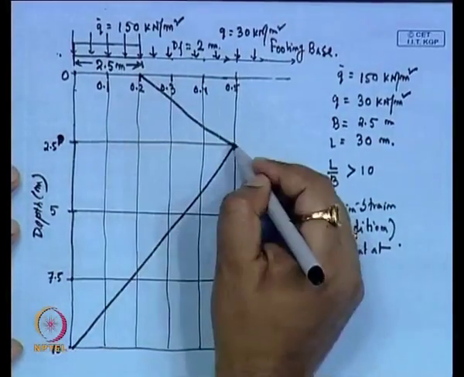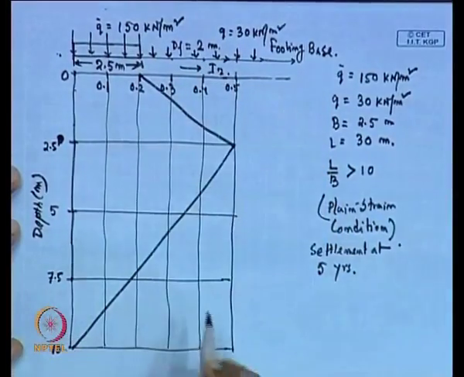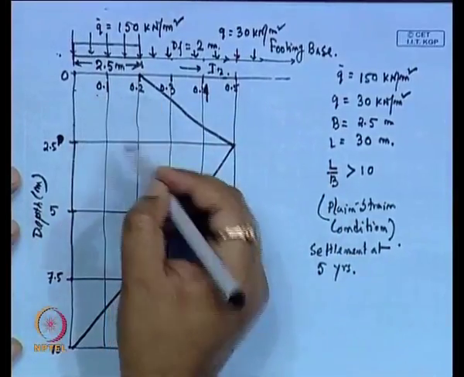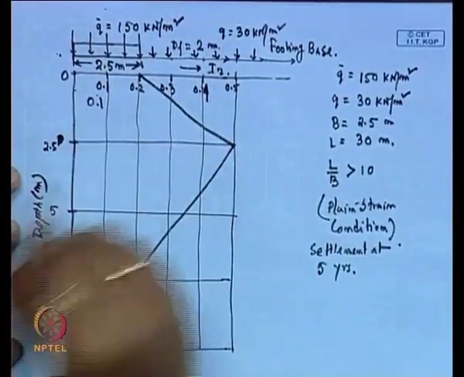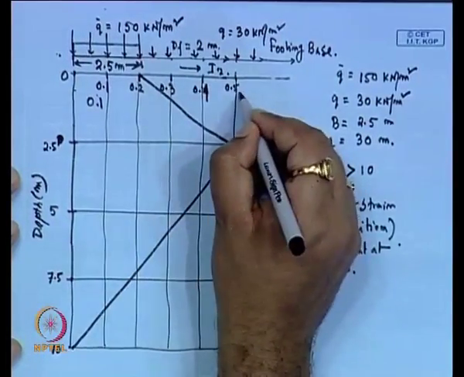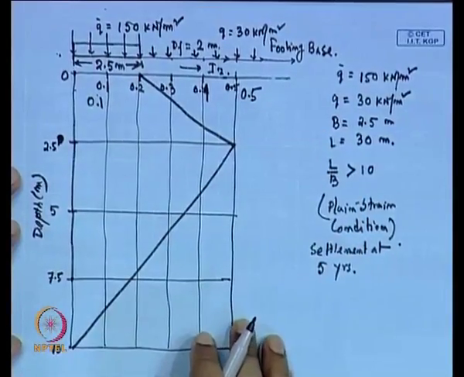So, this is the chart showing the I z, with values 0.1, 0.2, 0.3, 0.4 and 0.5.